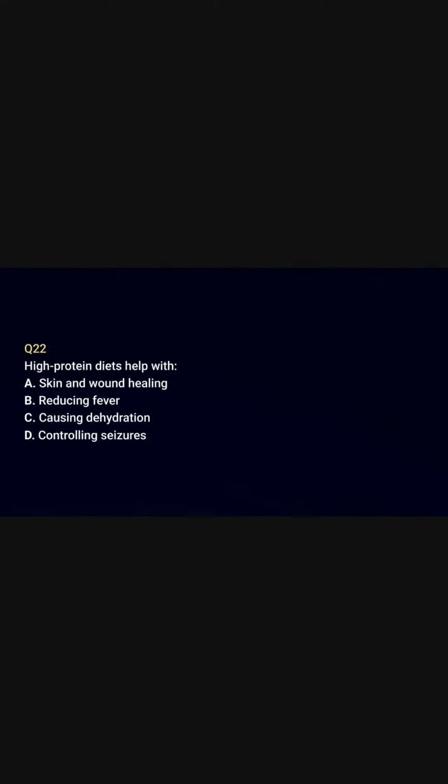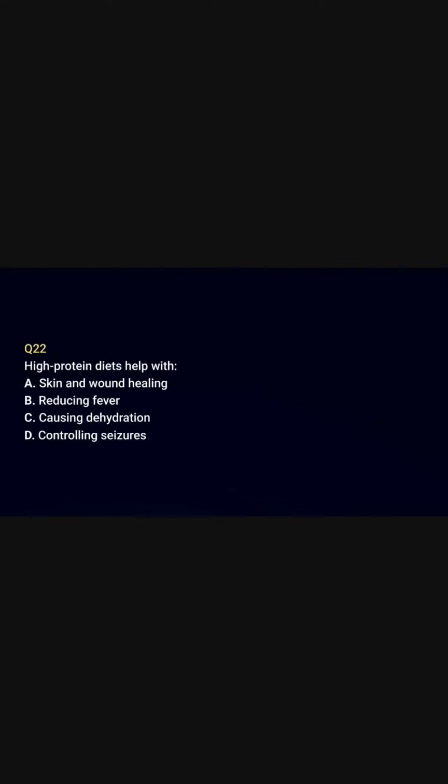22. High protein diets help with A, skin and wound healing, B, reducing fever, C, causing dehydration, or D, controlling seizures. What do you think, team?